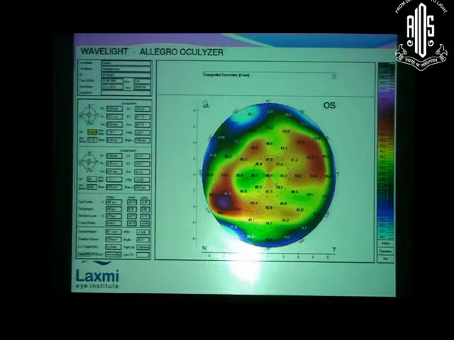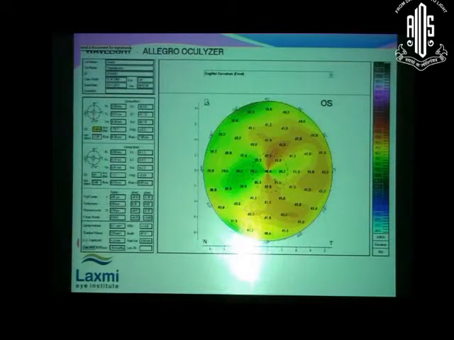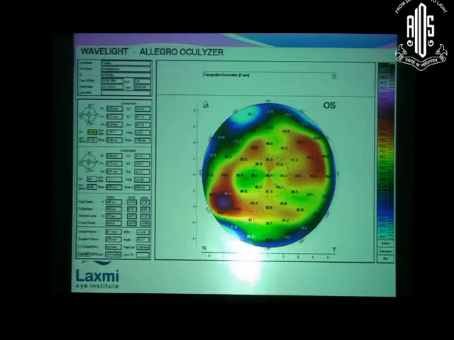And this will be my last touch-up. There are various maps that you can have on the system. You can have the sagittal maps, the tangential maps. When you're looking at keratoconus or any ectasia, it is the tangential maps which are of extreme importance, whereby an early keratoconus would be highlighted much more.